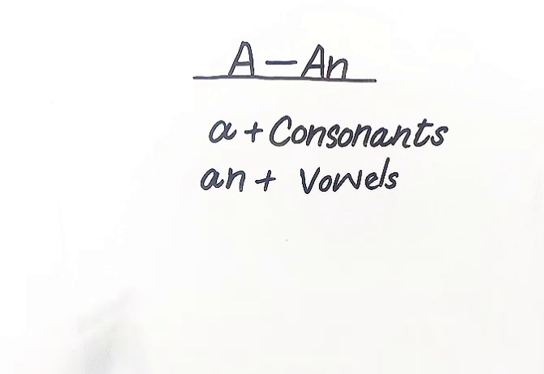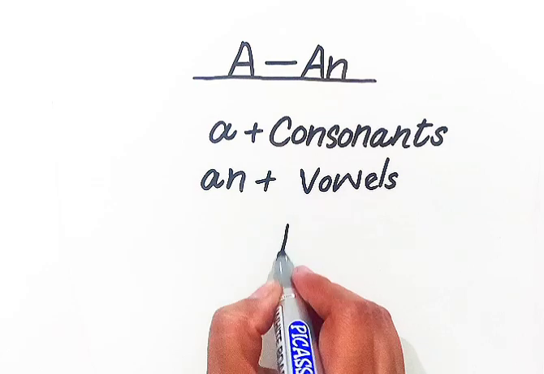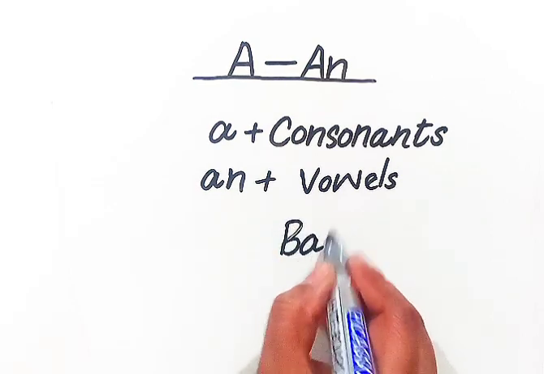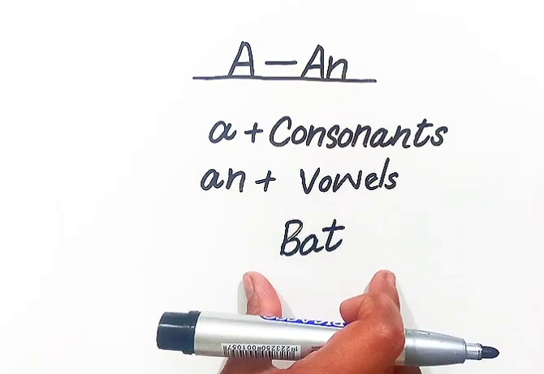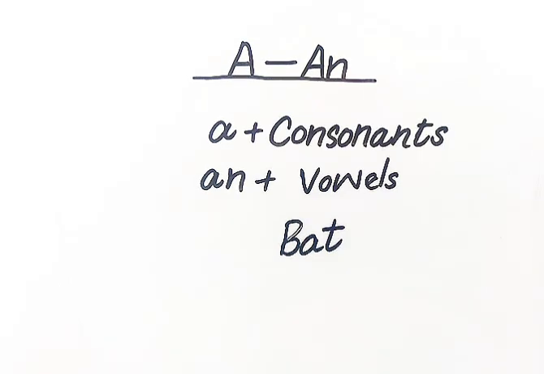Now, for example, I will write here a word: B-A-T, bat. Which word is this? Bat. Very good.